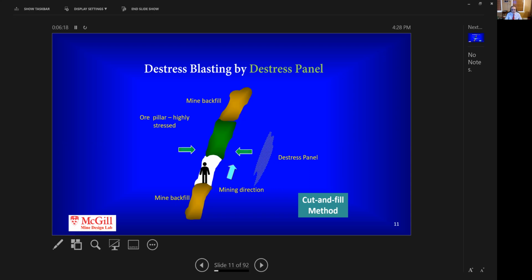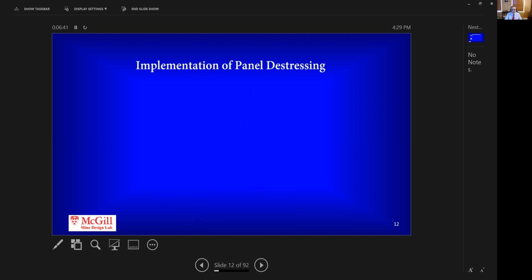So it goes from red to green, and this enables a phase advance or a mining lift. The stresses are shifted further into the crown pillars, so the distress panel is extended further upward to reduce the stresses in the crown pillar and enable further mining. So that's another application of distress panel.